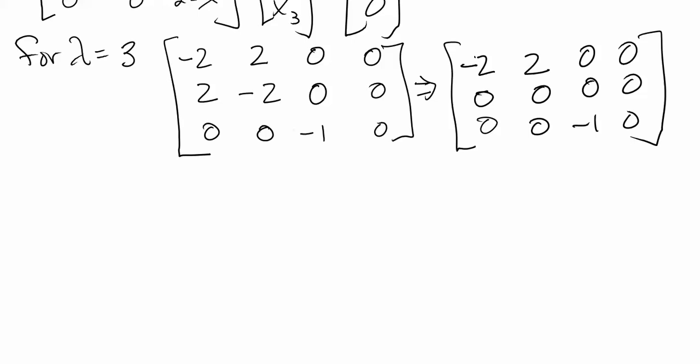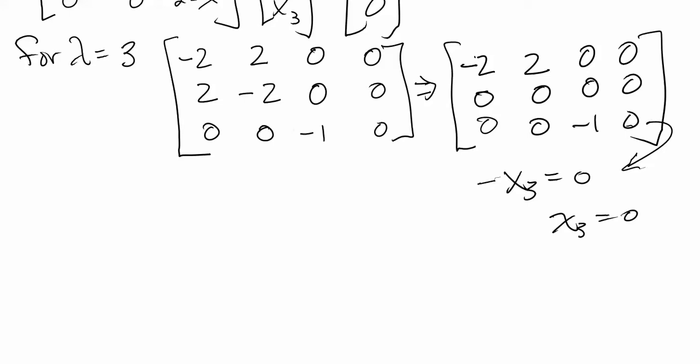From this last equation, we know that minus x3 is equal to 0, and this tells us that x3 must be equal to 0.